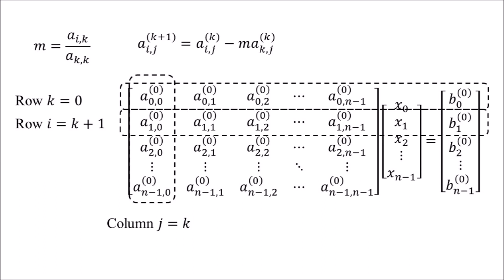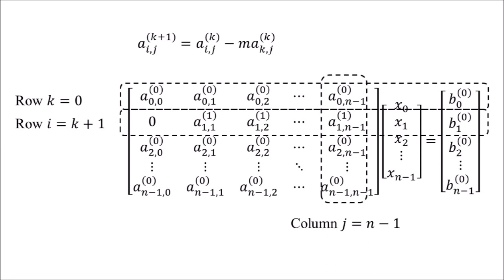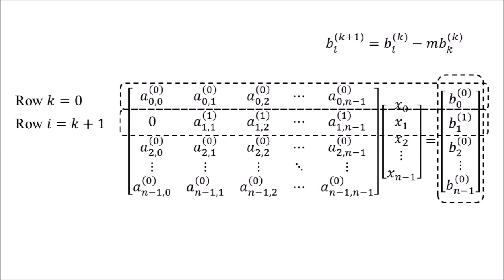The multiplier is first determined by taking the ratio, in this case, of A10 divided by A00, and then applying the calculation first to column 0, and then to column 1, followed by column 2, all the way through the matrix to the final column in the matrix. And then don't forget, we need to go over to the B matrix and adjust the value in row 1 of that matrix as well.